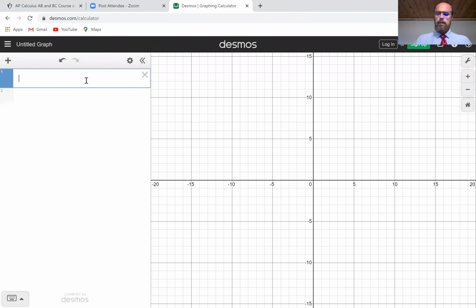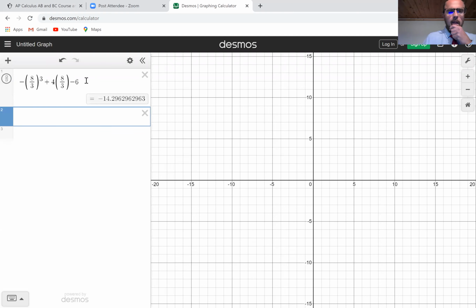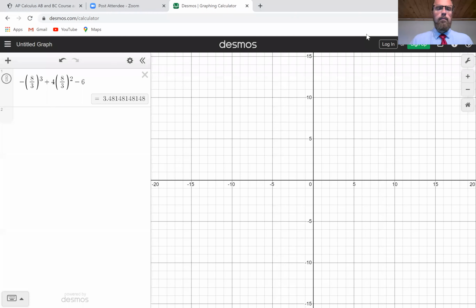Negative 8 divided by 3 to the third power plus 4 times 8 divided by 3, and then minus 6. And that gives us this repeating decimal, 3.481481481. If I wanted it as a fraction, that would be 94 over 27.